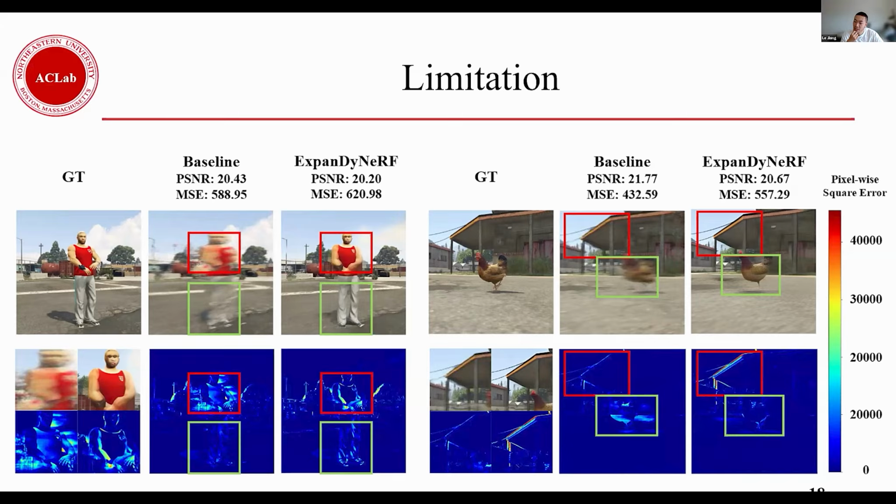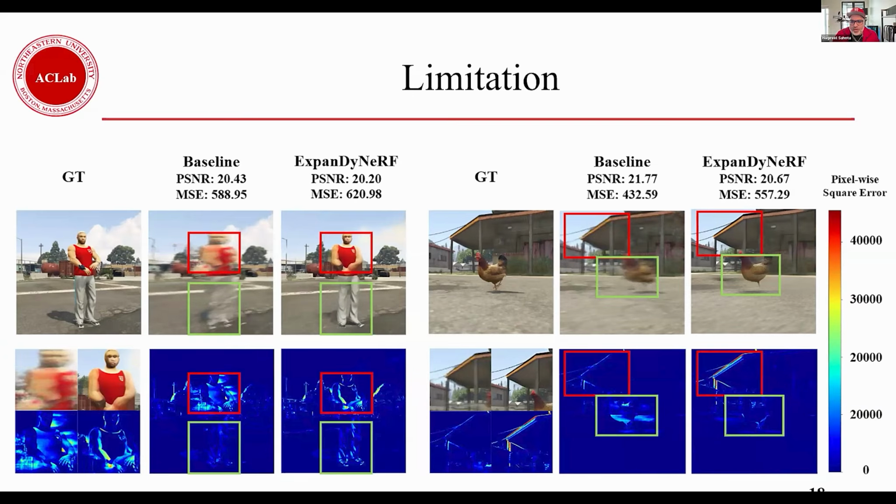But actually, I think this pipeline is quite agnostic to each part. So when Gaussian splatting or NeRF keep developing, we can switch to a stronger and more robust prior. So this can also improve the result.